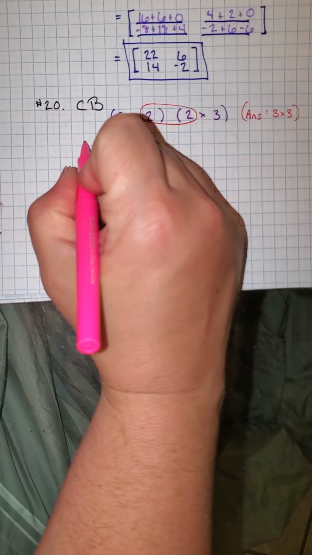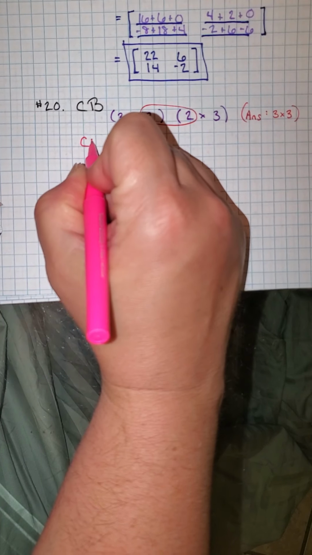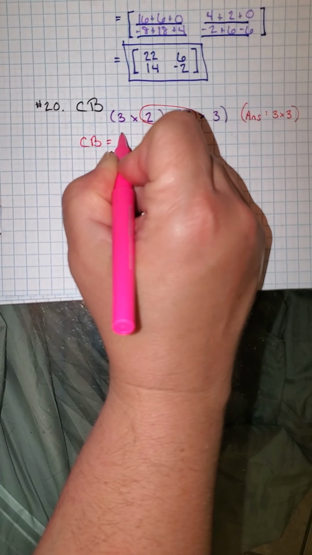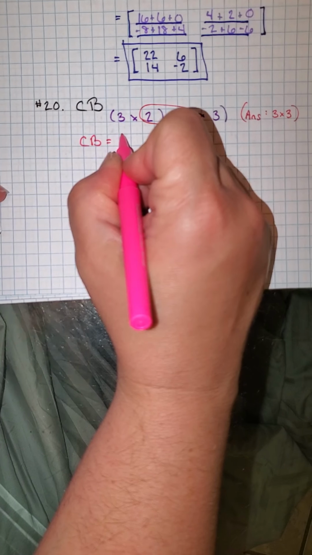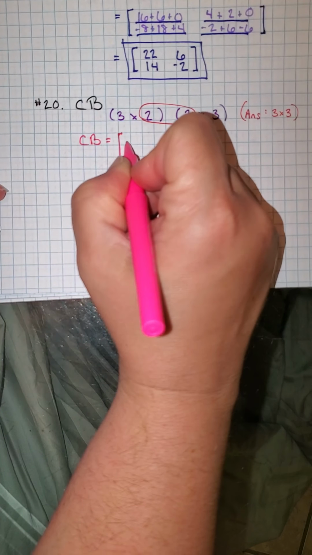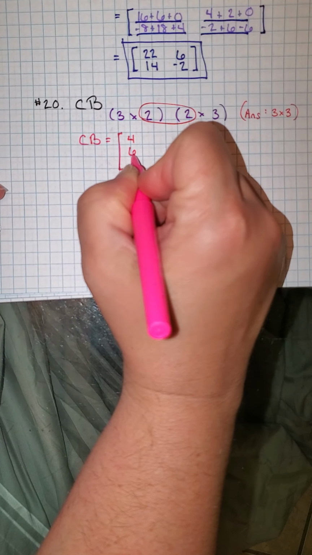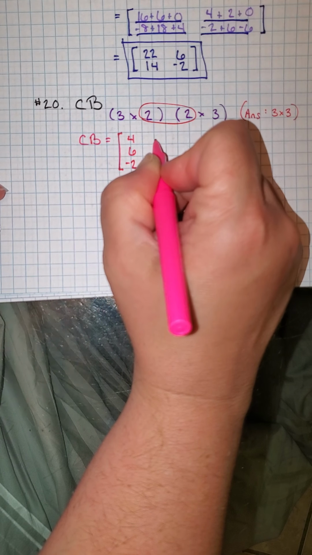I'm going to start the same way. I'm going to write them side by side. All right, so C, we have 4, 6, and negative 2, 1, 2, 3.